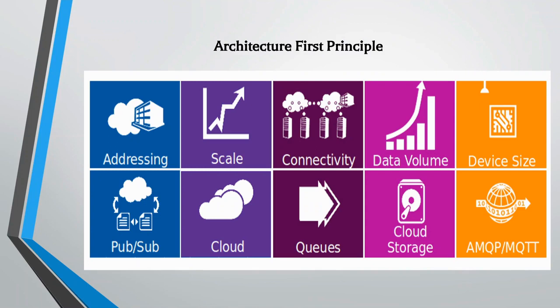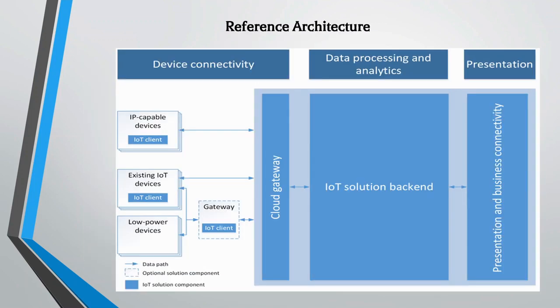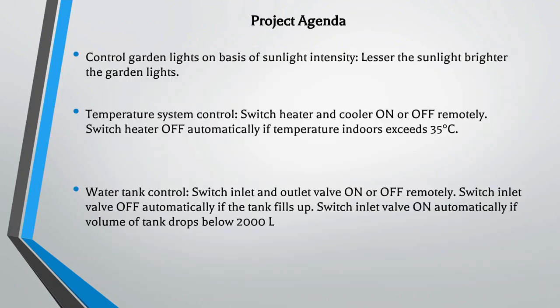Architecture's first principles address scaling, connectivity, data volume, sizes, cloud queues, cloud storage, and kits. This is the reference architecture. First, the device is connected with IoT capable devices, existing IoT, low power devices. This is the pathway which is connected to the gateway, then IoT solution backends, and then we present in the business connectivity like presentation area, UI, UX.